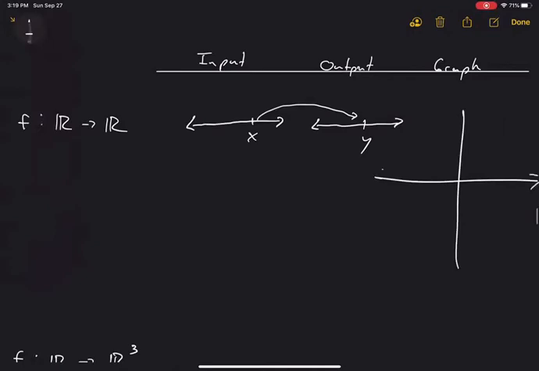Okay. So when I graph my function, this graph is saying the same thing. It says, okay, I'm going to take this x, I'm going to pair it up with that y. Okay, that's all that's saying. That's what this graph is saying.